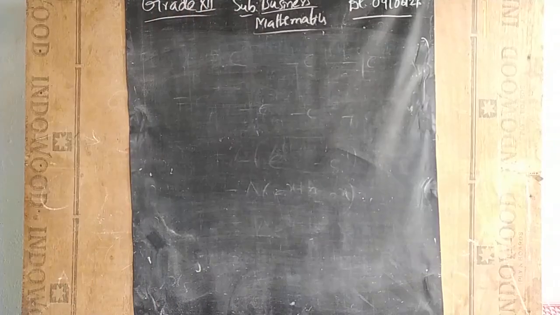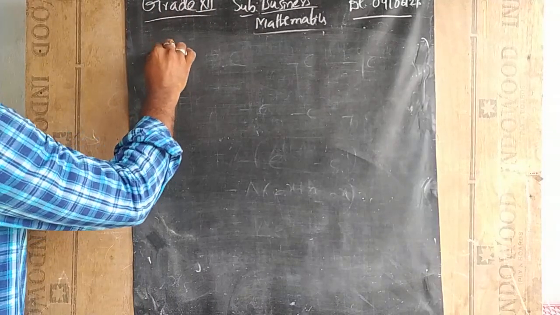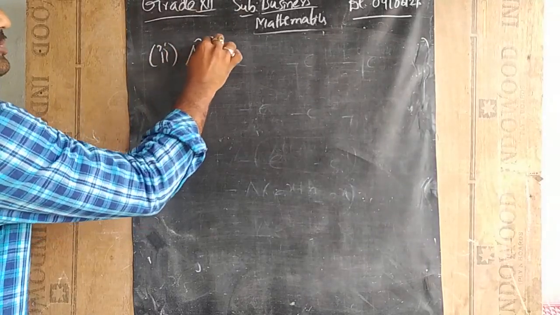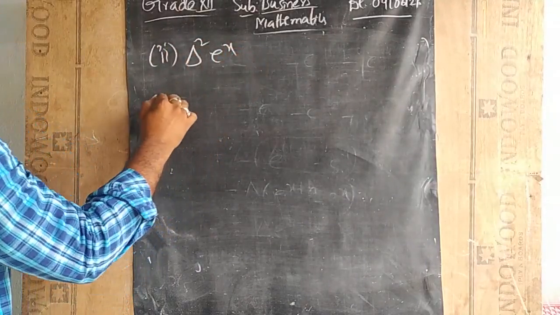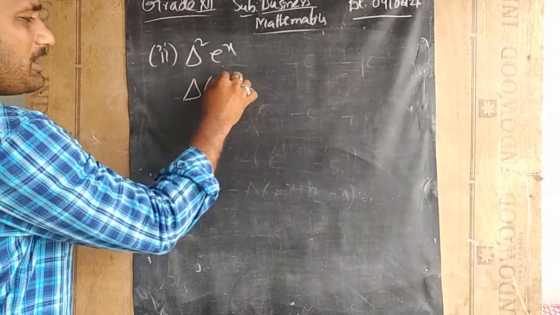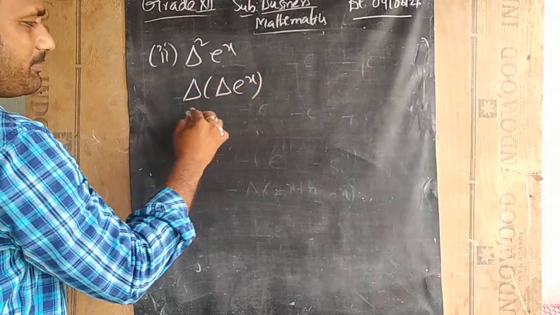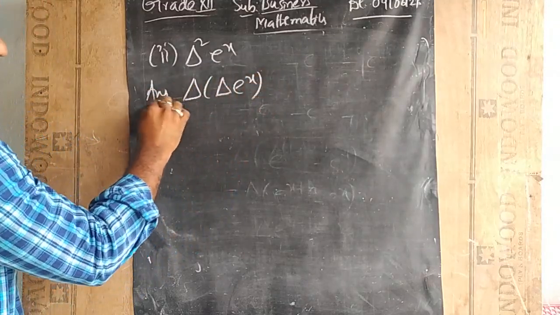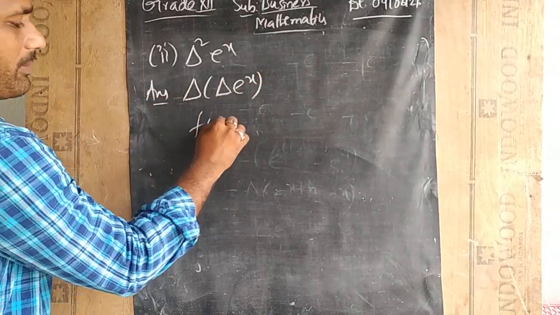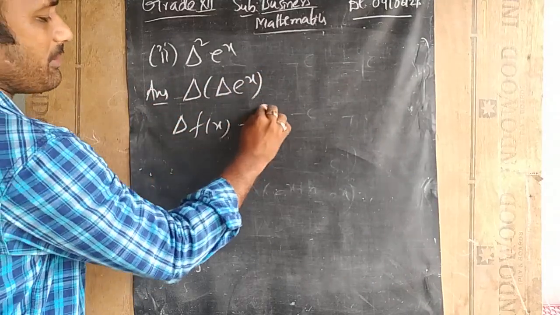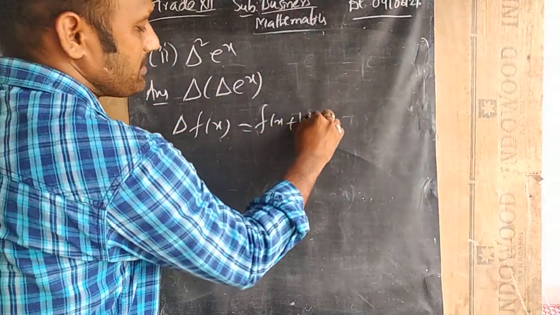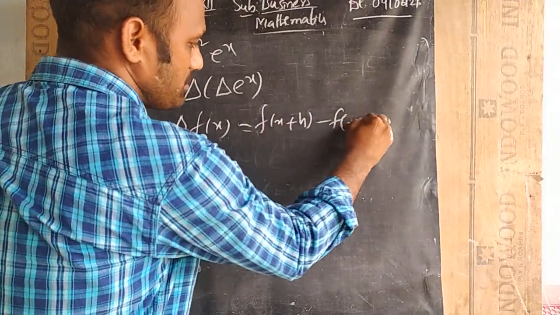Let us discuss the second subdivision in the same example, that is delta square e power x. This can be written as delta into delta e power x. Delta of f of x can be written as f of x plus h minus f of x.